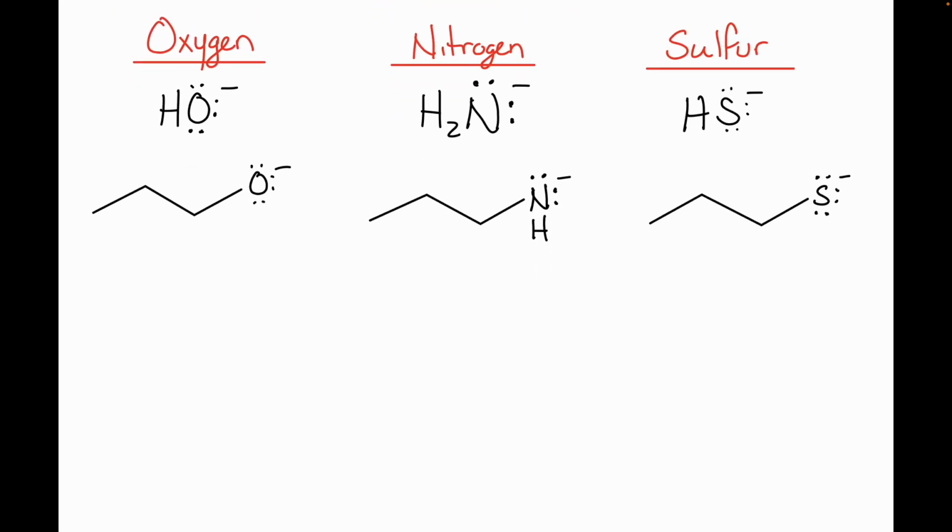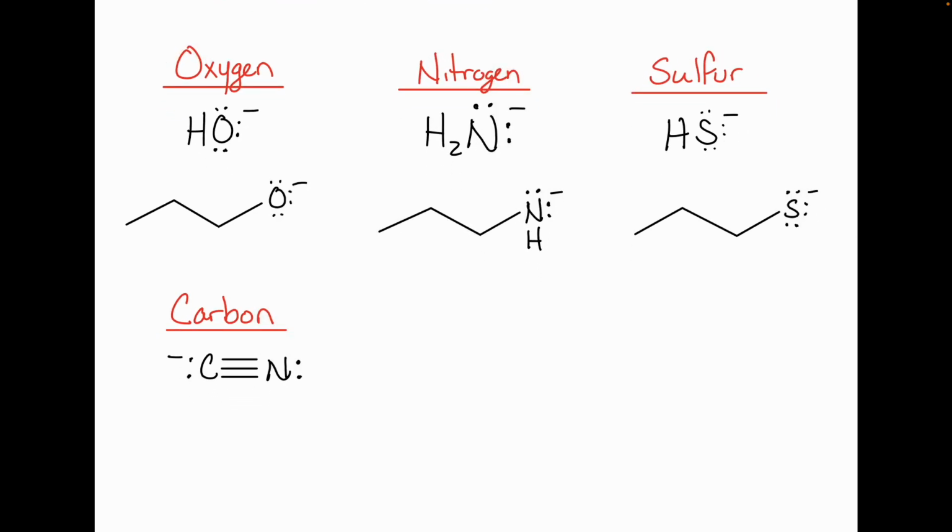All right, and then the last category, which is way more rare, kind of only one special case. We have these cyanide ions. Carbon really does not like to have a negative charge. You can get away with it if you triple bond it to one very electronegative element, a nitrogen.